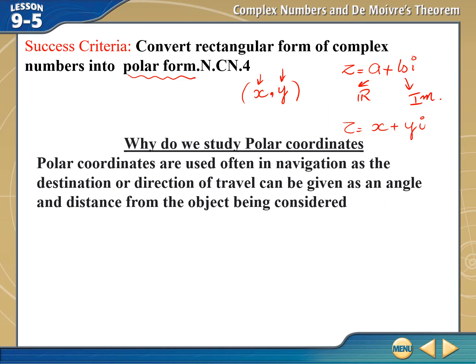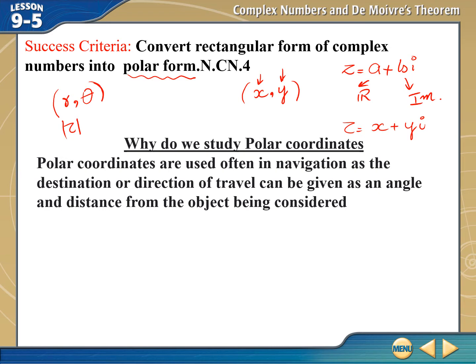First of all, it is very important to understand why we are studying the polar form. Polar coordinates are often used to navigate to a destination or a direction of travel, which means you must know the distance of the object and also the direction of the object. The distance can be found by finding r, the modulus of z, the same way as we found in the rectangular form.